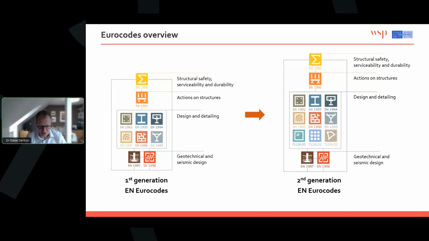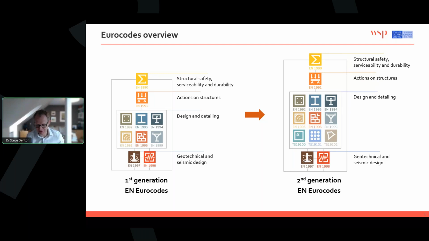The second generation Eurocodes are an evolution of the first generation documents. There is extended scope. There are new parts, as you can see from this figure. They have been brought up to date with some of the latest research and best practices, and they embed new needs, new societal expectations, such as coverage of climate change.